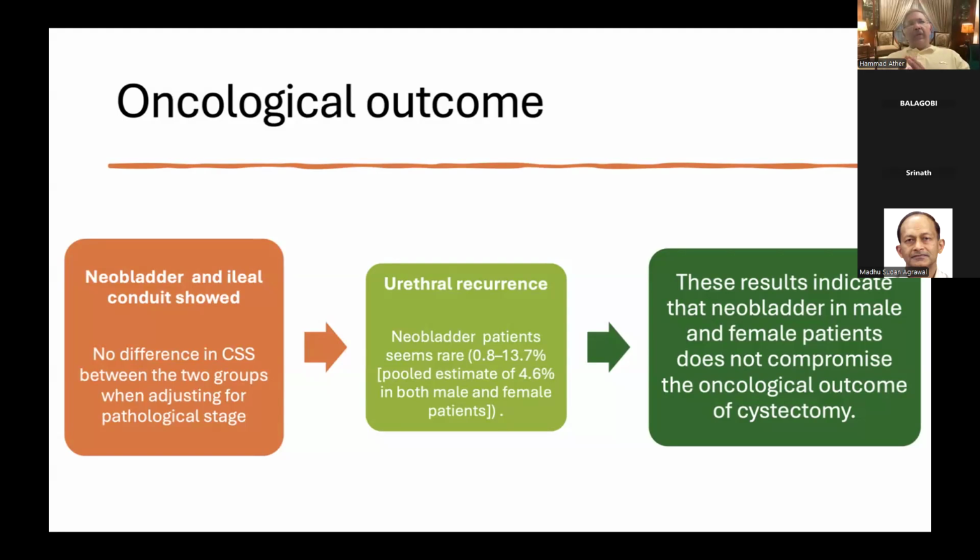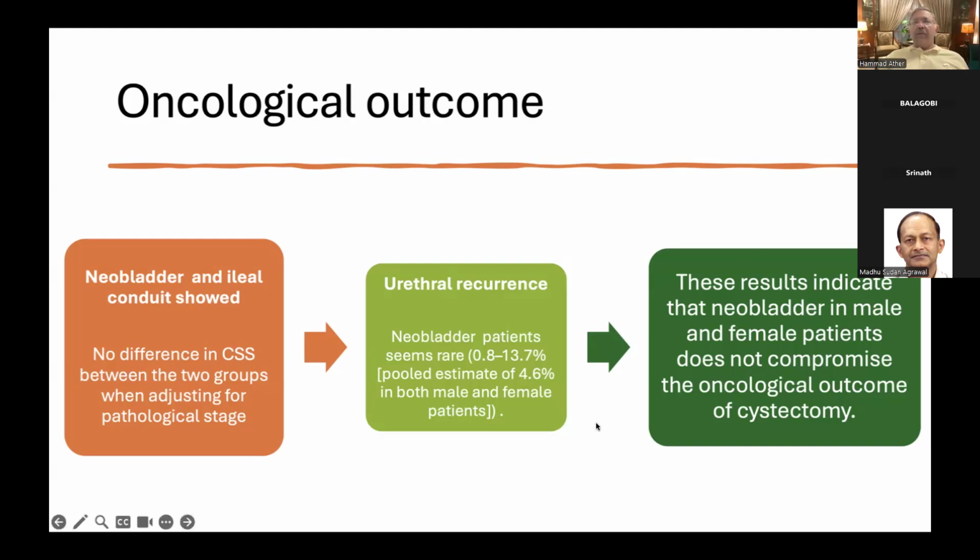Again, the urethral recurrence rate is extremely low, although it varies from less than 1% to 13%, but close to about 4.6%. The urethral recurrence rate is not very dissimilar from that of patients who undergo ileal conduit. So essentially, these results indicate that a new bladder, both in men and women, does not incur a poorer oncological outcome.